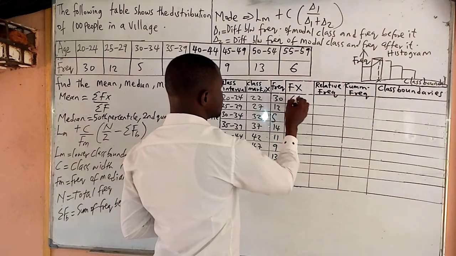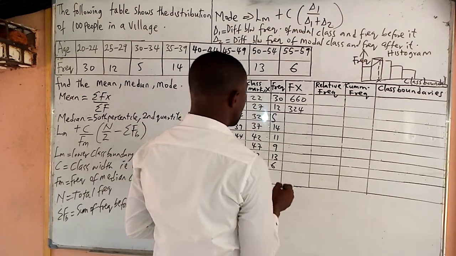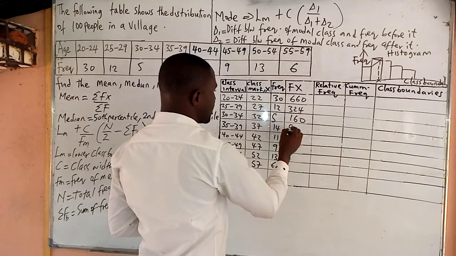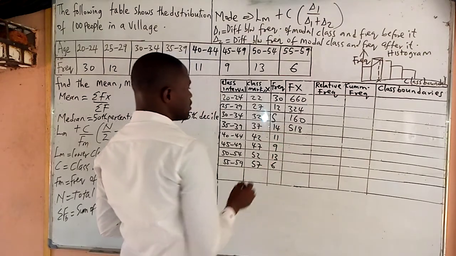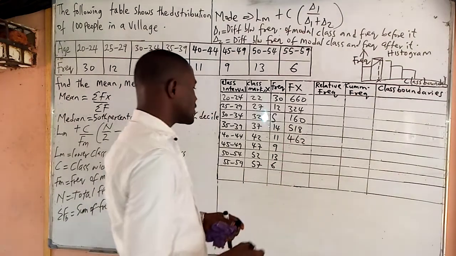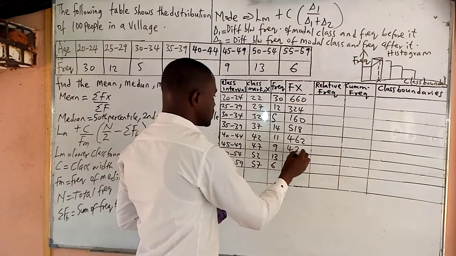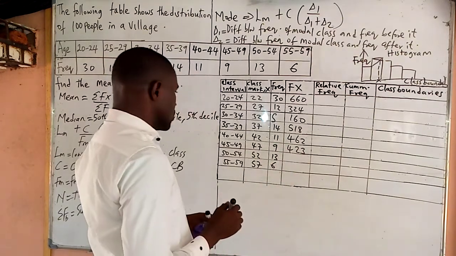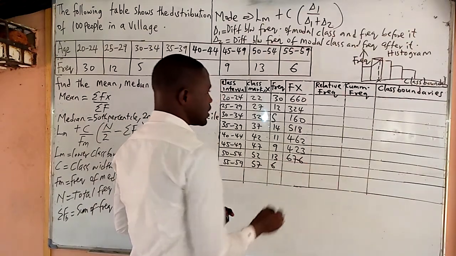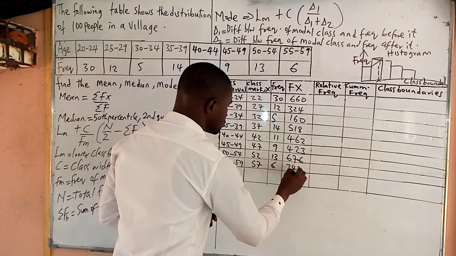This gives 660, 324, 160, 518, then 42 times 11 is 462, 47 times 9 is 423, 52 times 13 is 676, and 57 times 6 is 342.